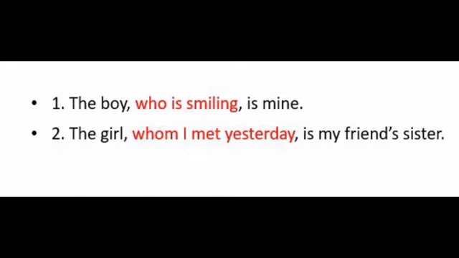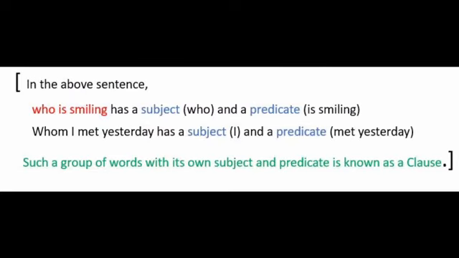Now, look at the examples given here. The first one, the boy who is smiling is mine. Second one, the girl whom I met yesterday is my friend's sister. Take the colored words here. First one, who is smiling. Here, who is a subject and is smiling is part of the predicate.